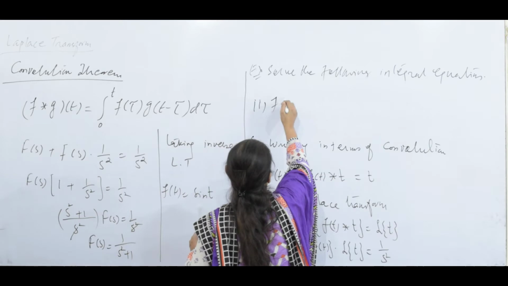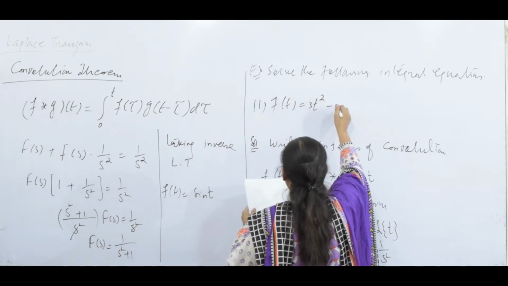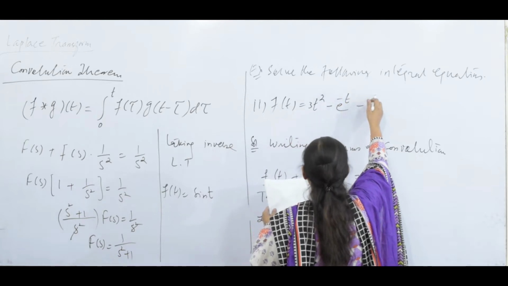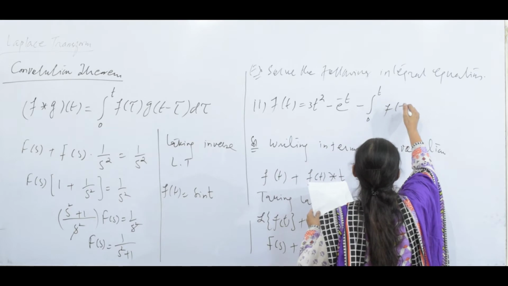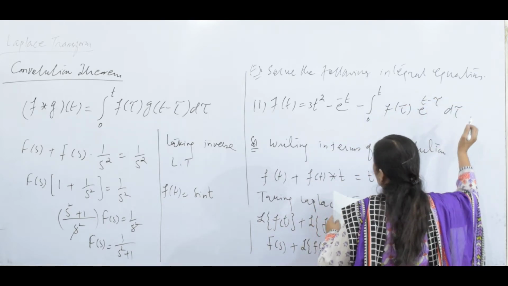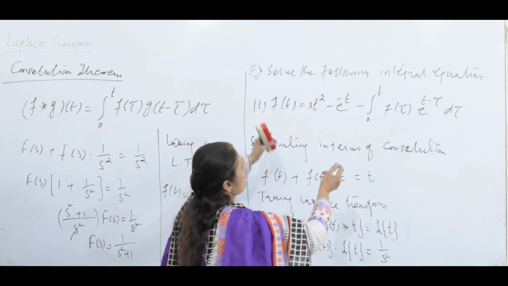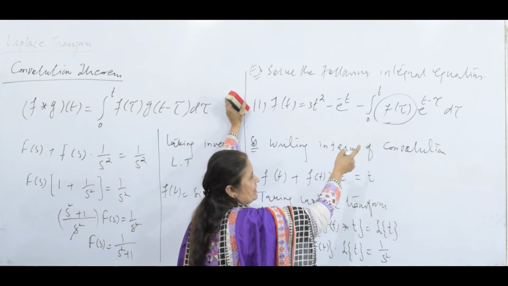Next: f(t) is equal to 3t squared minus t minus the integral from 0 to t of f(tau) e to the power (t minus tau) d tau. Again, this is an integral equation because the unknown function is under the integral sign.